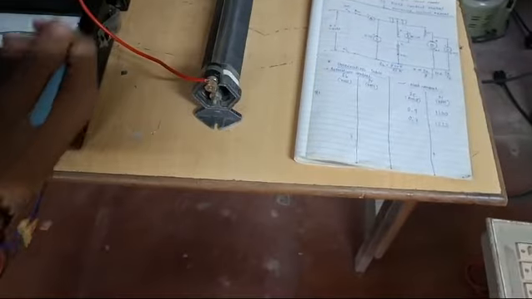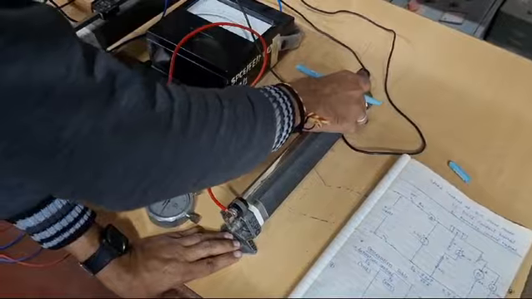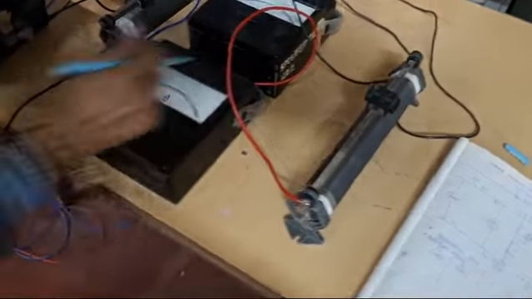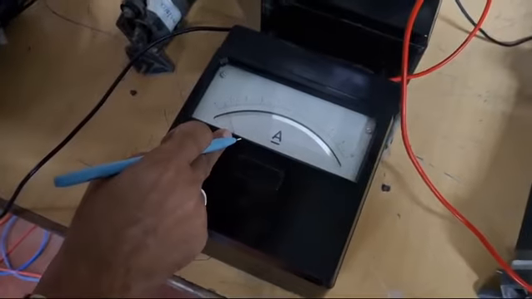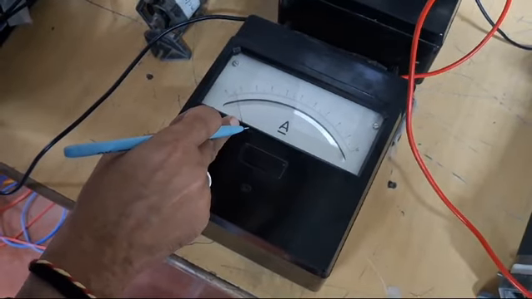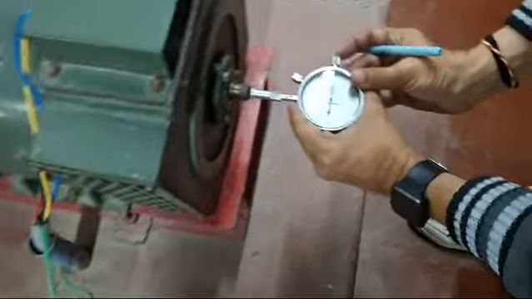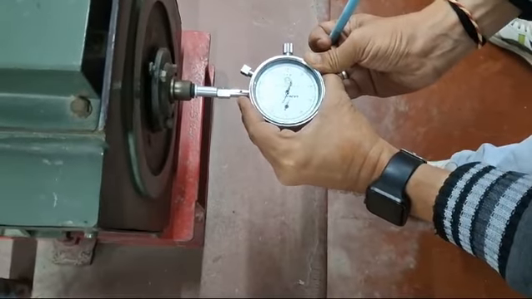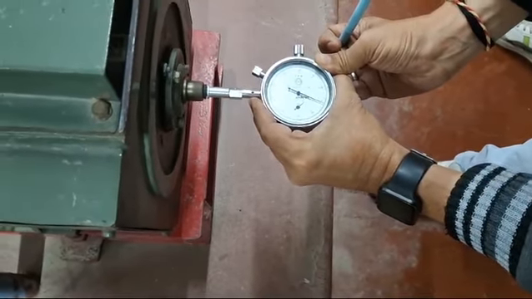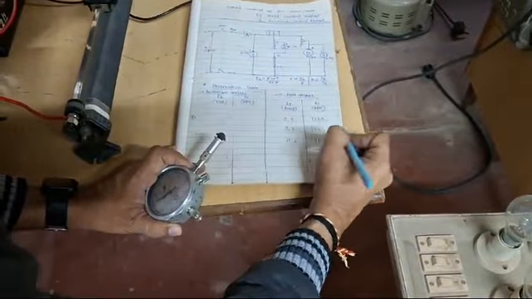Similarly, we are going to keep on increasing the rheostat resistance of the field winding. We have increased the resistance, so we can see that the field current has been reduced to 0.6 ampere. Now the speed is 1310. The speed has been increased to 1310 RPM.